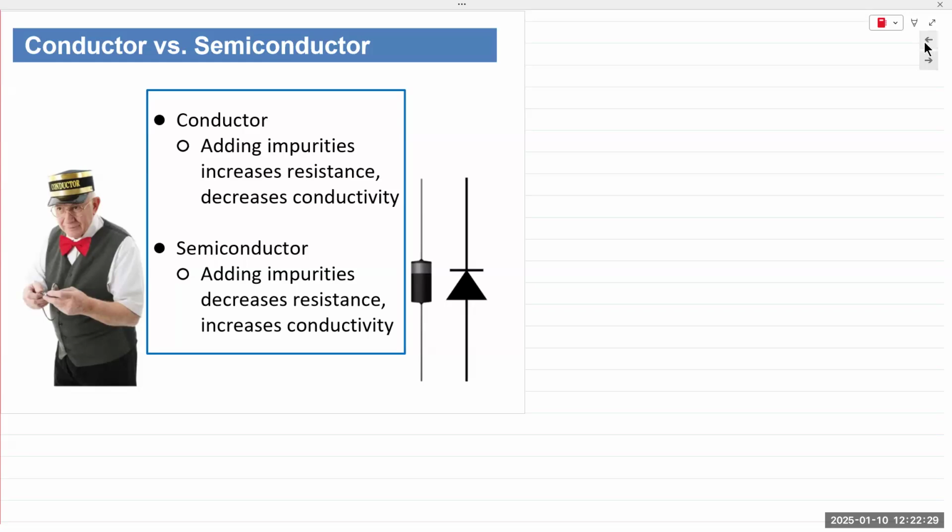We add external material into a semiconductor material. And because it is external to the intrinsic semiconductor, we call it an impurity, something that doesn't belong naturally in that semiconductor. Hence, we call it impurity.